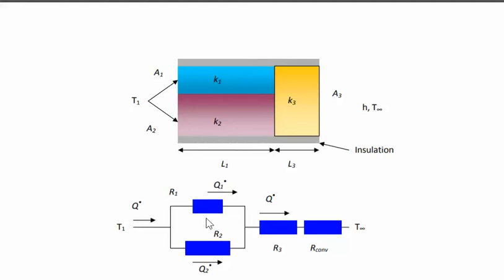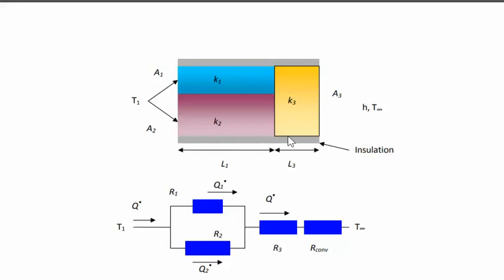Then these are in parallel, and for the series, R3, the heat Q will be absorbed, then the heat will be absorbed by the convection process.